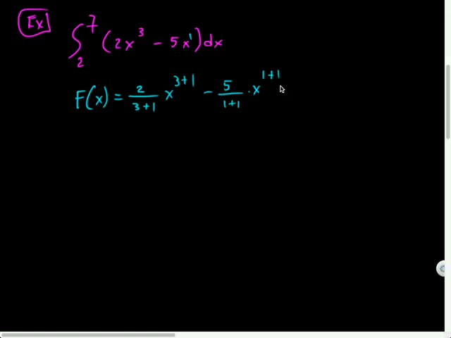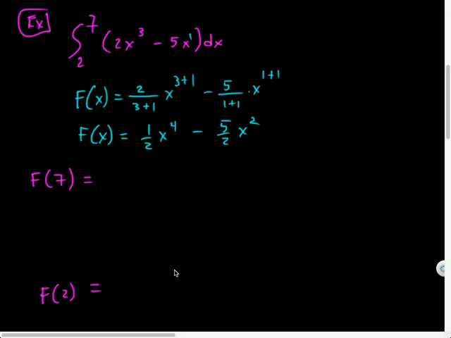So cap F of x, the antiderivative of f, would be 2/4 or 1/2 x to the 4th minus 5/2 x squared. So let's figure out what is F of 7 and what is F of 2, and then we'll just subtract them. Isn't this great? Isn't this great?